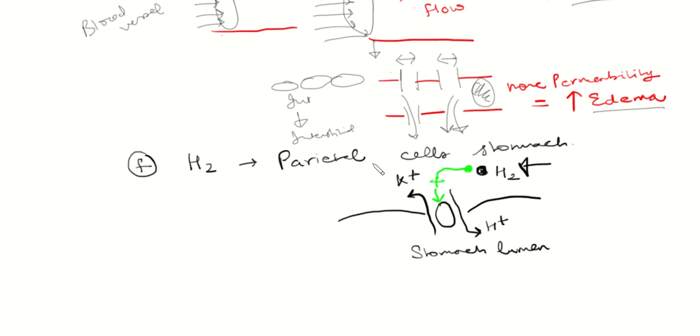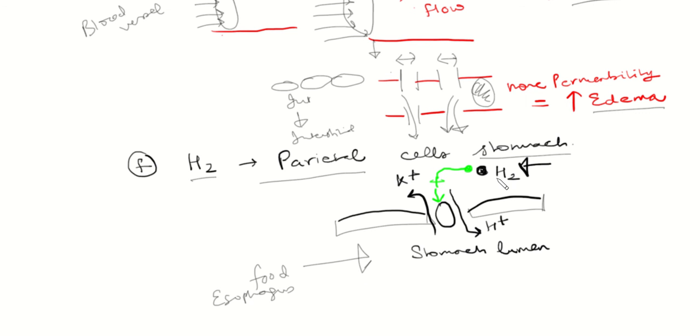Now, there's an H2 receptor as well, and this is in the stomach, the parietal cell, this is again in the stomach. So this is the stomach lumen, okay? So this is where the food comes from, the esophagus, okay?